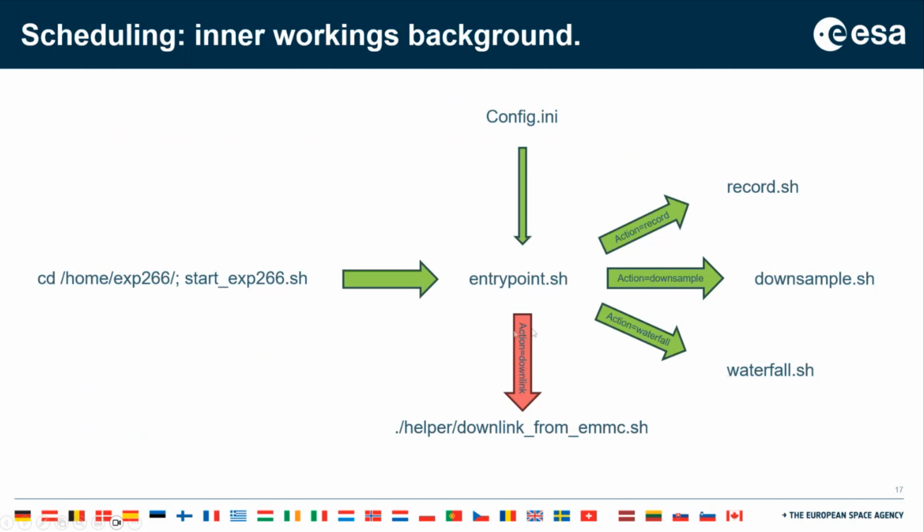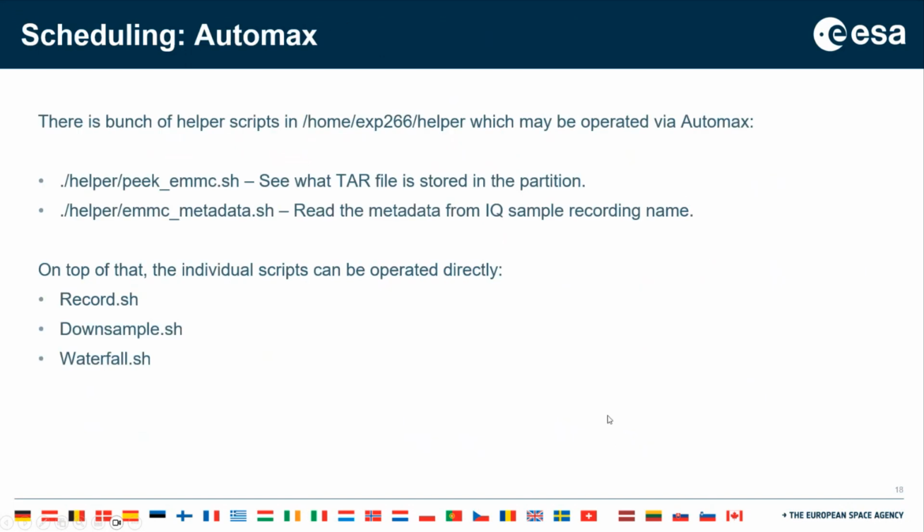Yeah. And then there are also some of the downlink helper commands, of which I explicitly specify the downlink action, which will call the helper function. But I also have some other helper functions you can see in the source code of the app. There is a pick EMMC function, for example, which will open the partition for you and print what file is stored inside.